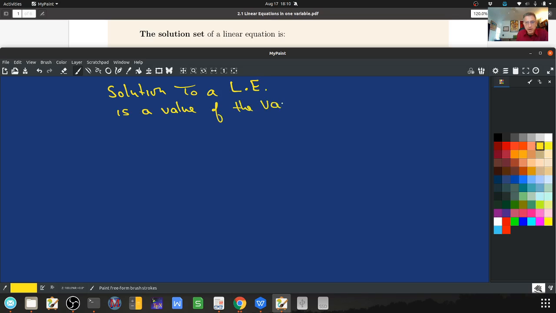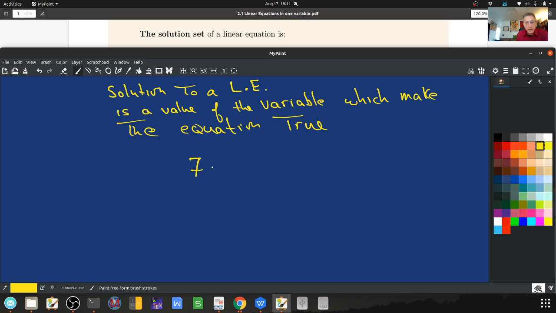So remember, the variable and unknown are the same thing, which makes the equation true. So just up above, I gave you the example, 7x minus 3 is equal to 18.